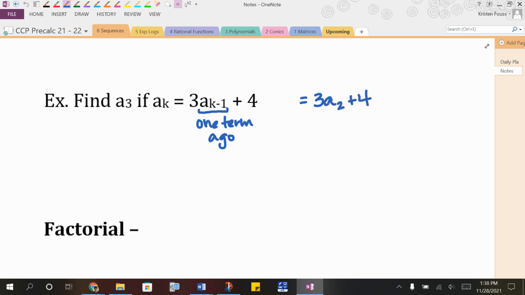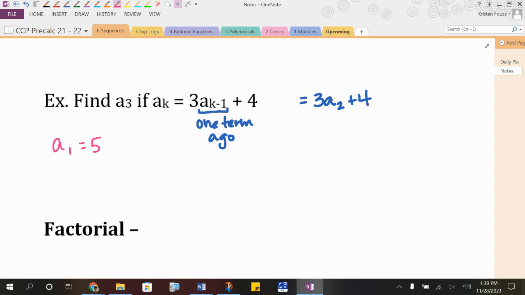But that assumes that I know what term 2 is, and I don't. So here's what I did. I didn't give you enough information. I did this on purpose. I did not make a mistake. But you have to have some previous knowledge. We can't go straight to a recursive formula without any terms given. So let's say that a_1 is 5, just for kicks.